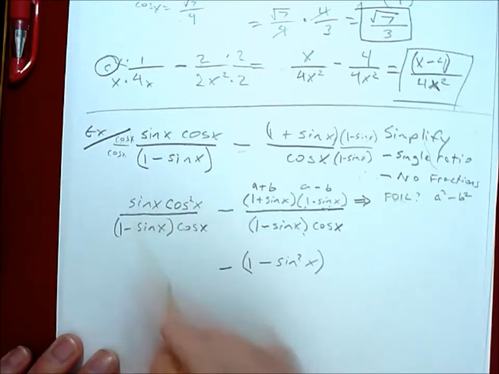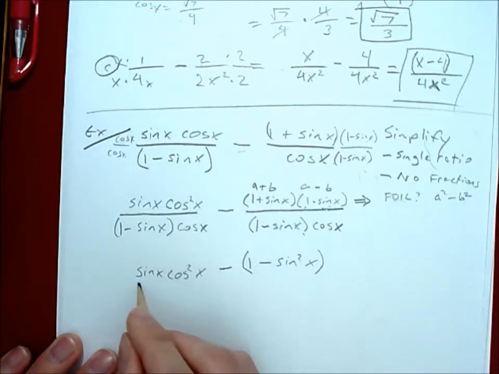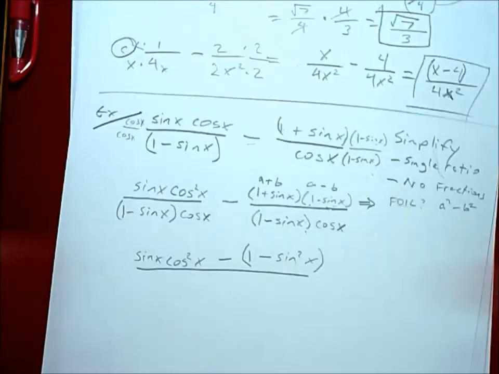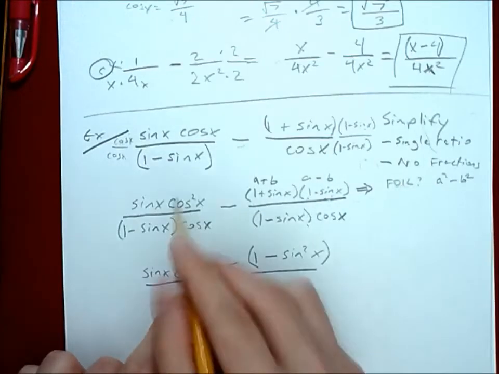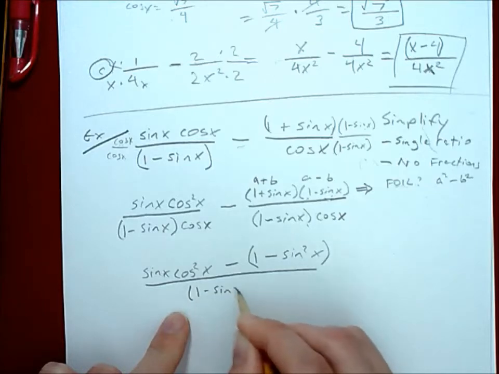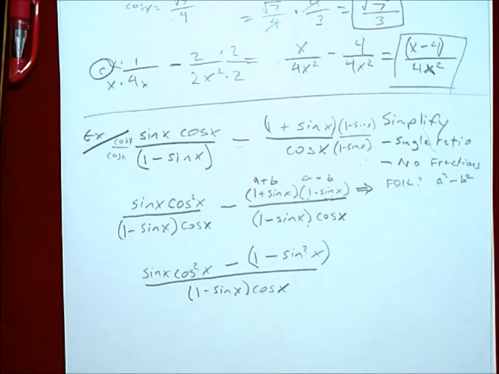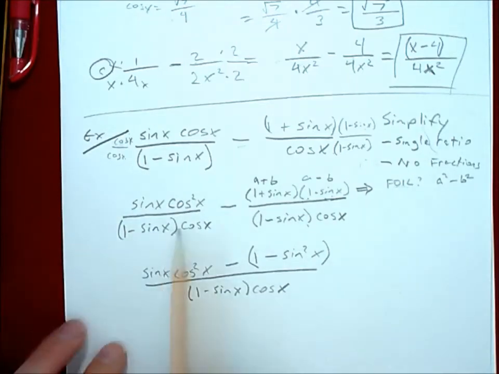And then on the left-hand side, I have sine of x times cosine squared. And they're both over the common denominator, so when I combine those, I'm going to subtract the tops and put them over that new denominator. Like so. Okay? So there's my common denominator, and then I subtract the two top things.